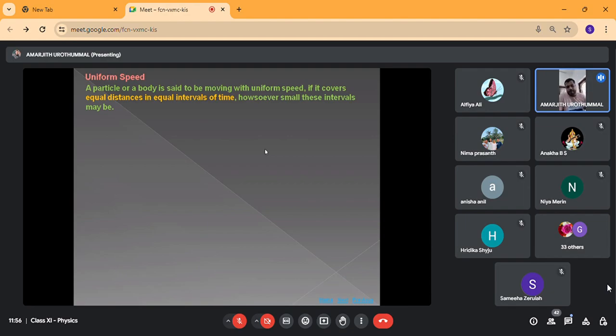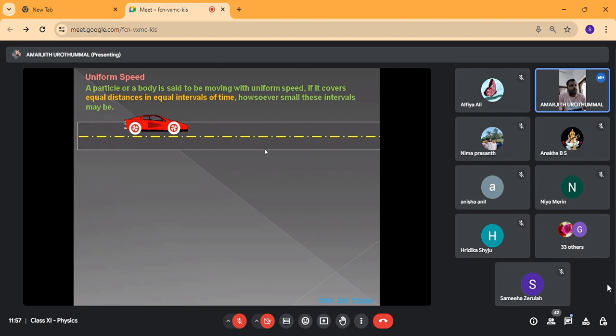Now, what is meant by uniform speed? Uniform speed means, look here, you can see a car here. It is covering equal distance in equal intervals of time. For example, the first 10 meter it covered in 5 seconds, then the next 10 meter, again it will cover in 5 seconds.